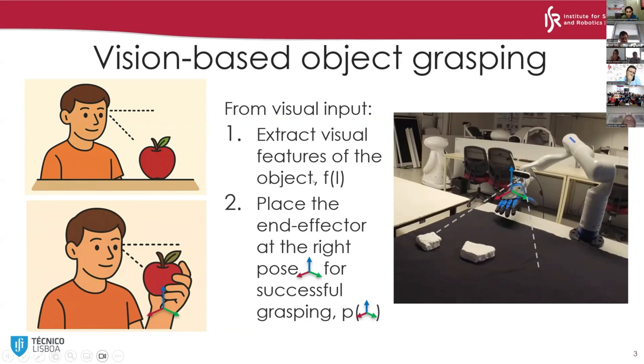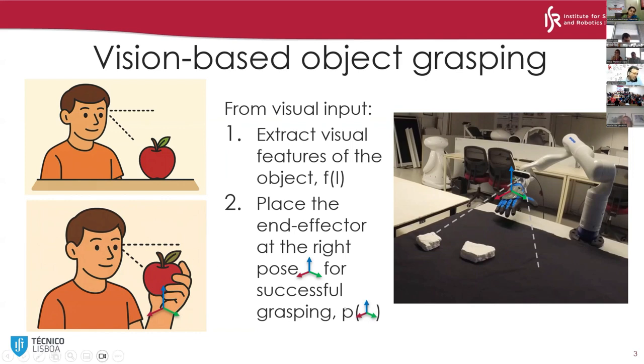I refer to that here as a function of the image. Those are some numerical values that represent the shape of the object. And then the second step is, according to those visual features, I want to build a map that actually generates a pose of the hand with respect to the object, and that pose should lead to a successful grasp.